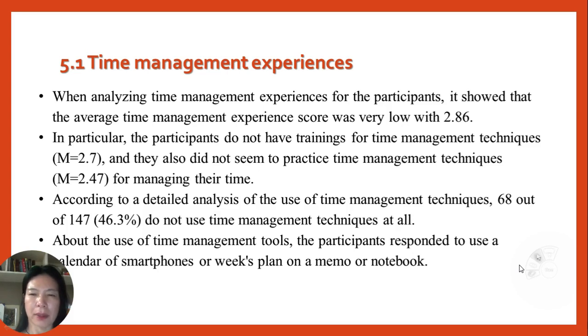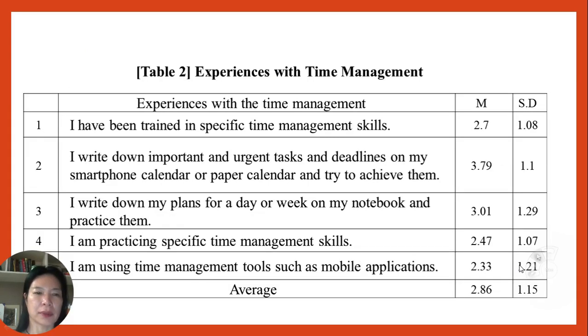But among the people who had the experiences, they used tools like a smartphone or smartphone calendar, computer weekend plans, or a memo or notebooks. Mostly they were using smartphones. When you look at the data by questions, "I have been trained in specific time management skills" averaged 2.7.